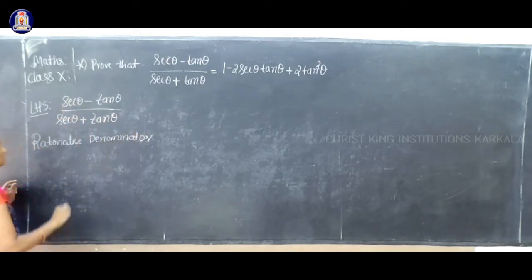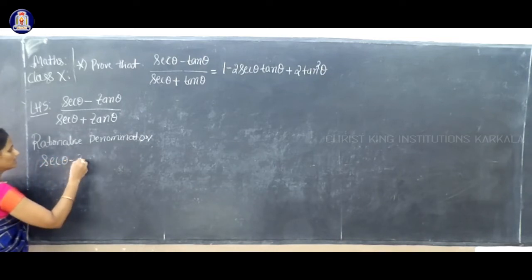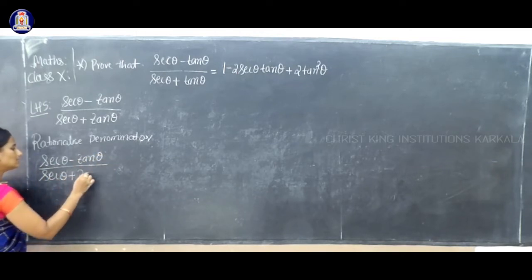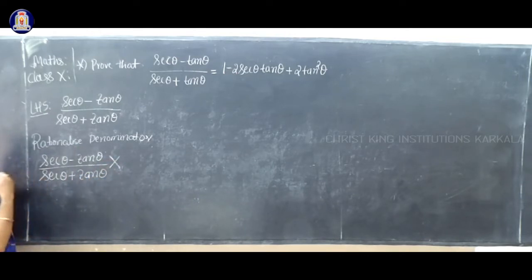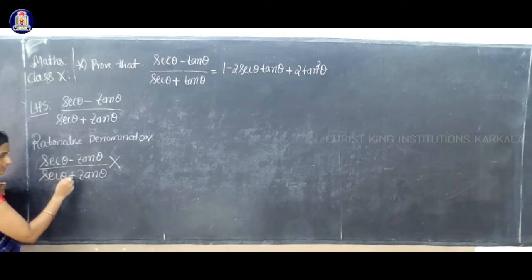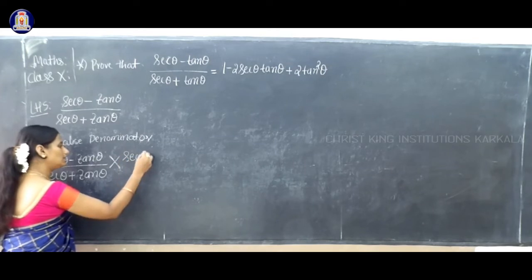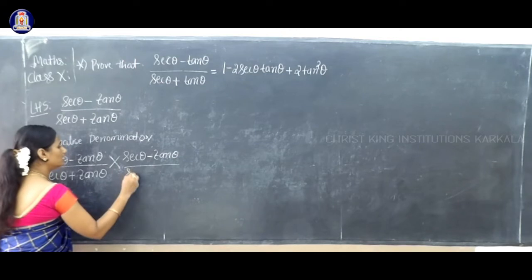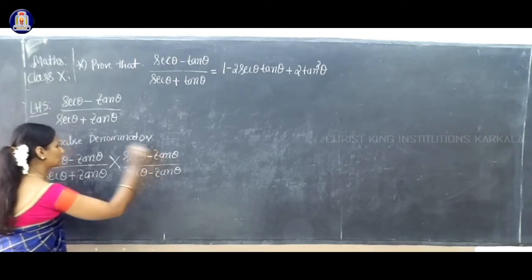Rationalize the denominator. So now the expression is (secant theta minus tan theta) divided by (secant theta plus tan theta). Rationalizing the denominator means multiply and divide. So multiply and divide by what? (Secant theta minus tan theta) divided by (secant theta minus tan theta), right?